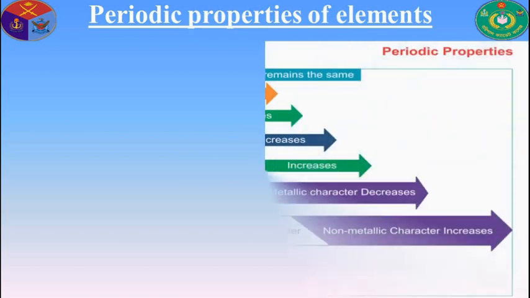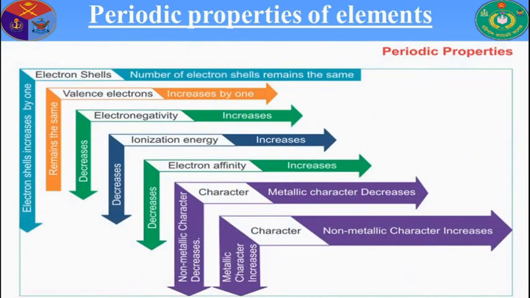This is a simple chart where all the periodic properties are included. First, the electron shell: the number of electron shells remains the same when we move from left to right, and increases by 1 when we move from top to bottom.